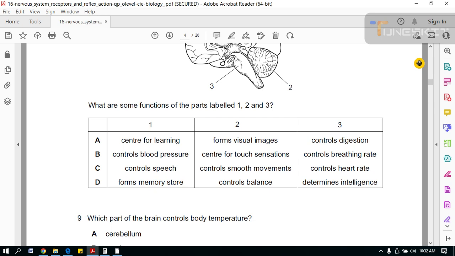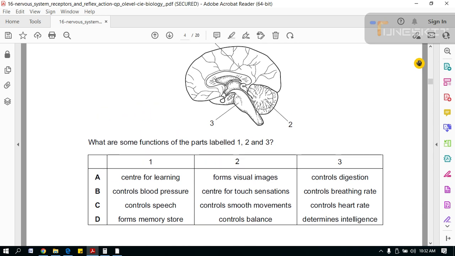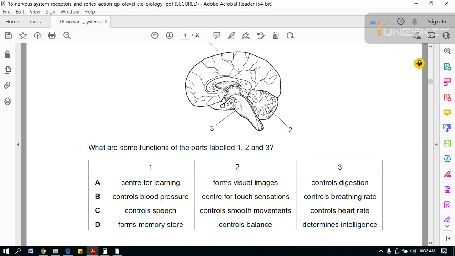D, yes, D is correct, because you can also find out that part 2 is involved in coordination and balance. So from here you can find the correct option from the table. D is correct here: forms memory, controls balance and determines intelligence.